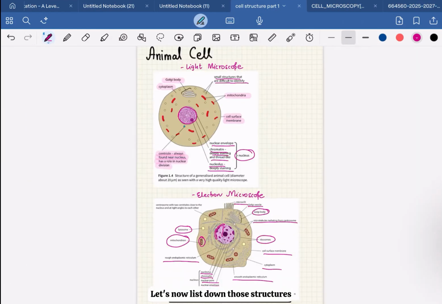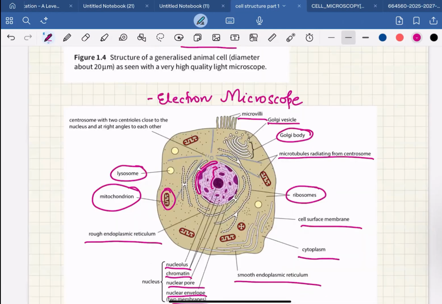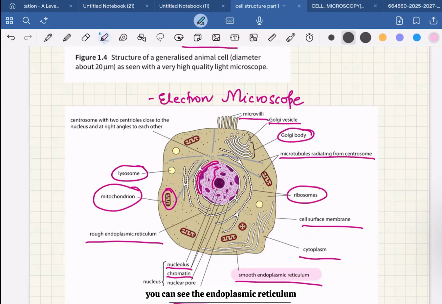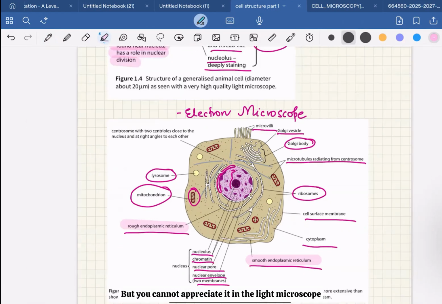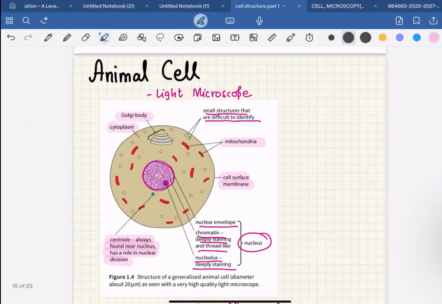Let's now list down those structures that are visible in the electron microscope but are not visible in the light microscope, right? So over here, the endoplasmic reticulum. You can see the endoplasmic reticulum, both the rough and the smooth endoplasmic reticulum, in the electron microscope, but you cannot appreciate it in the light microscope, right?